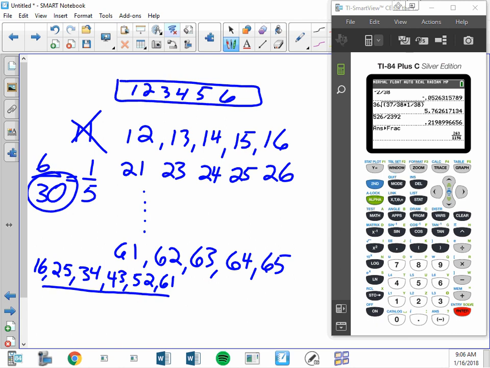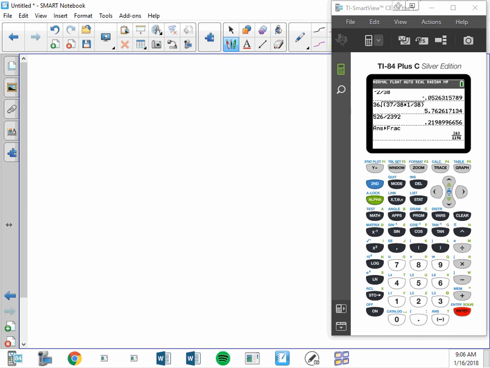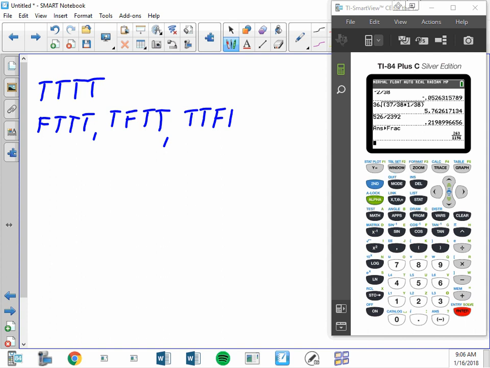Okay, so what would the sample space look like? Well, it would be true, true, true, true, and then we could do 1 false: false, true, true, true; true, false, true, true; true, true, false, true; and true, true, true, false.